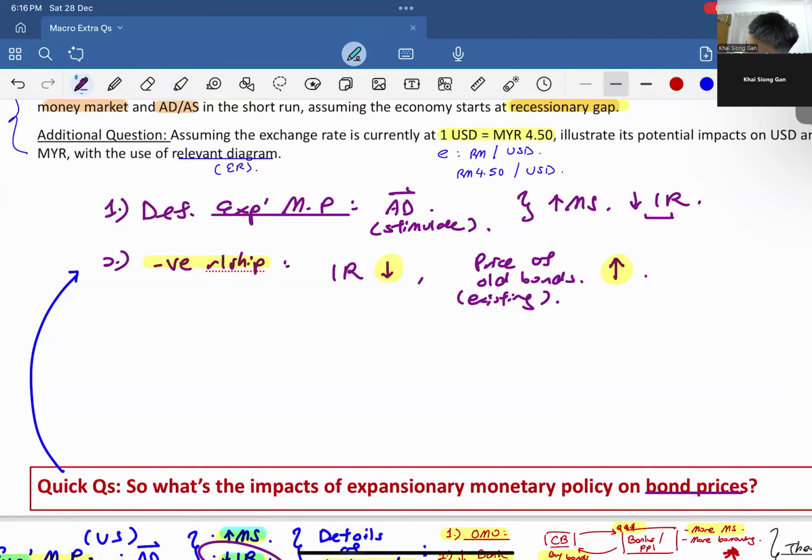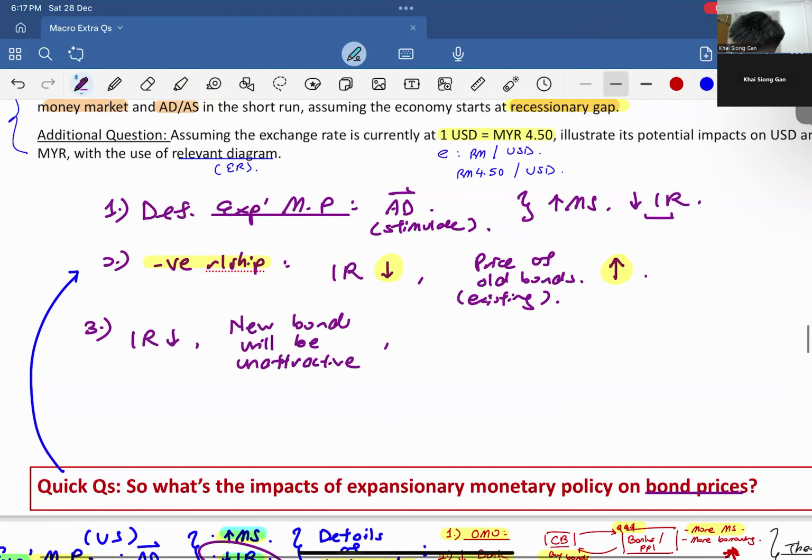Okay. So therefore, we expect a bit more detail. Why? When interest rate falls, new bonds will be unattractive to people, so people will prefer old bonds, or what we call existing bonds.